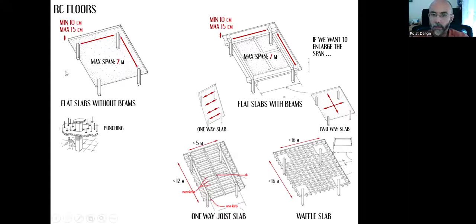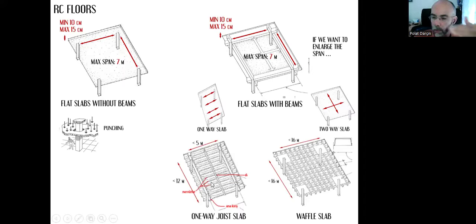It can either be flat slabs without beams, but we shouldn't prefer them when there is earthquake risk. We should always prefer this type of flooring. And if we want to enlarge the span, we can either have one-way joist without the filler blocks or with the filler blocks.